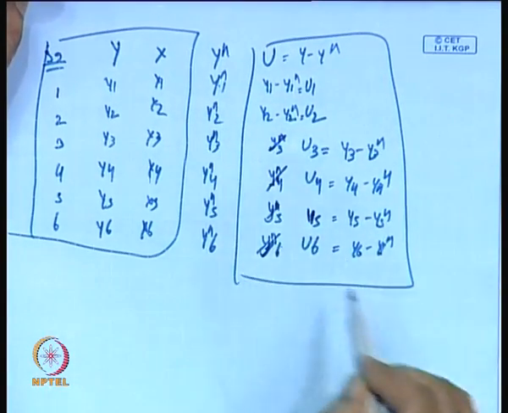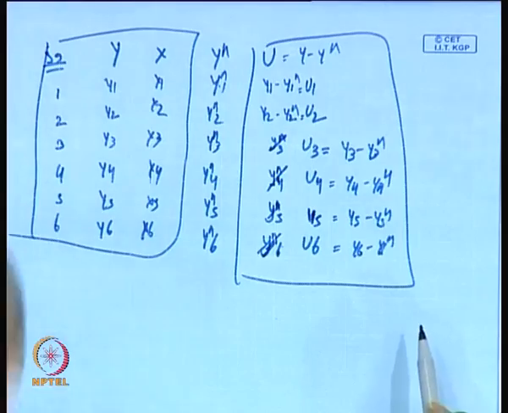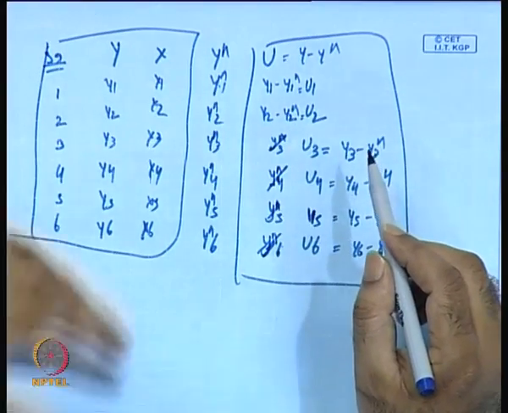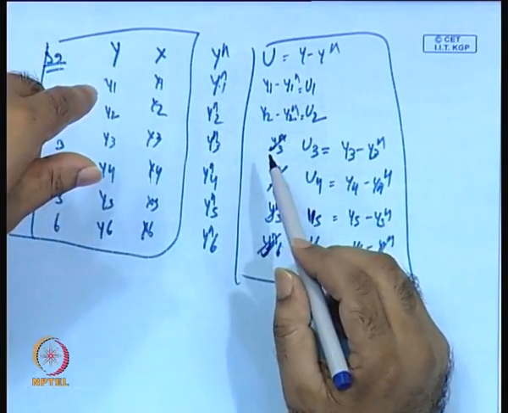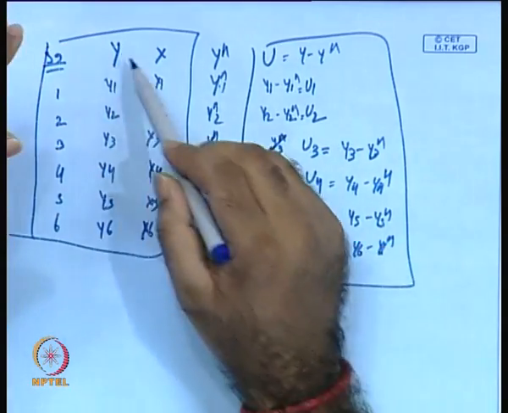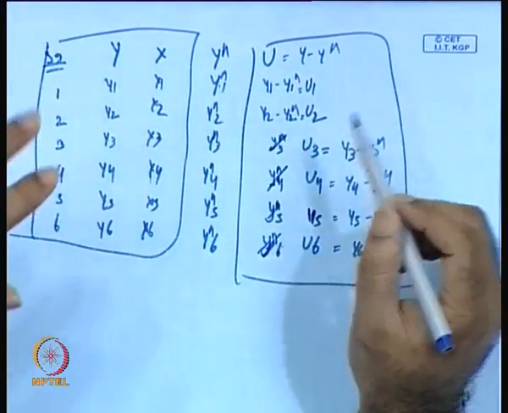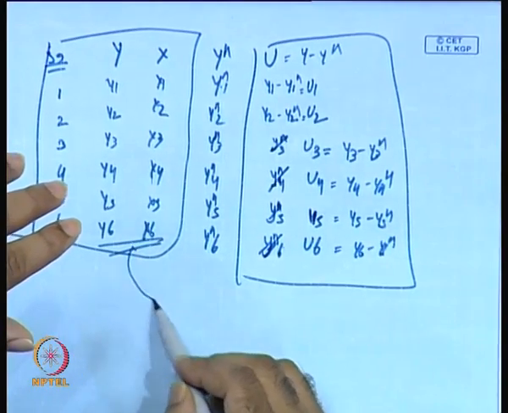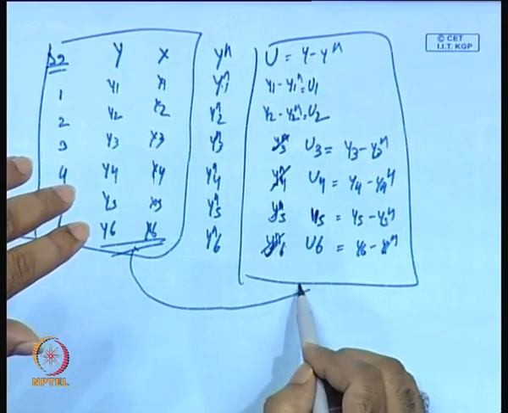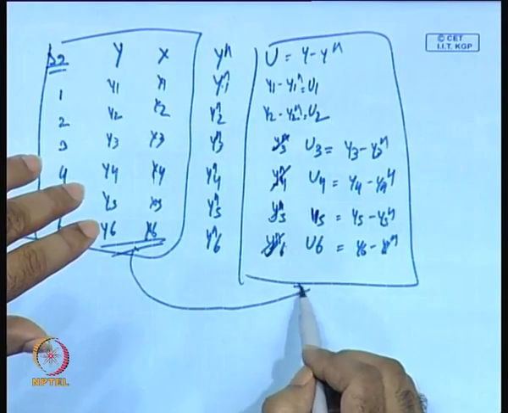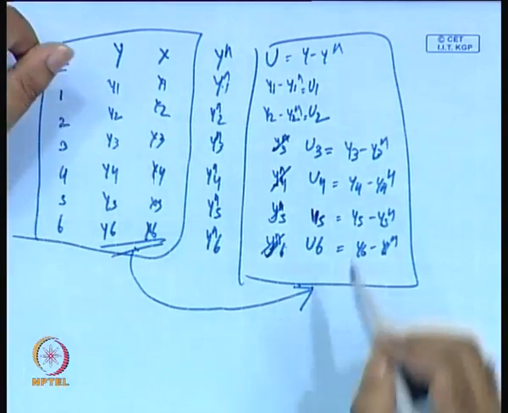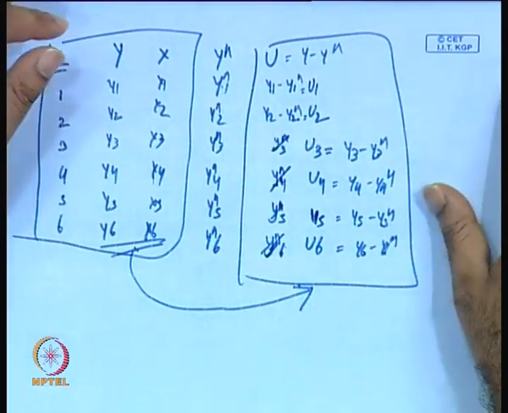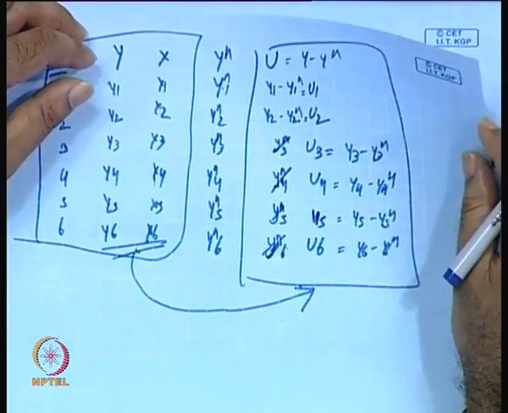That means u itself is a variable here. So we have 4 different variables: y, x, y head and u. Between y and x there is a relationship, and how this relationship gets affected will be through these error observations. This is how we get the errors in this particular issue.